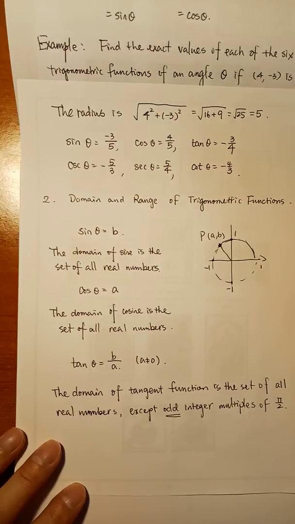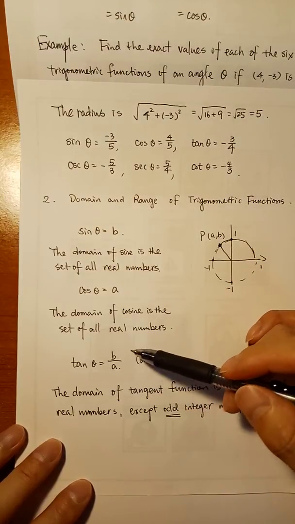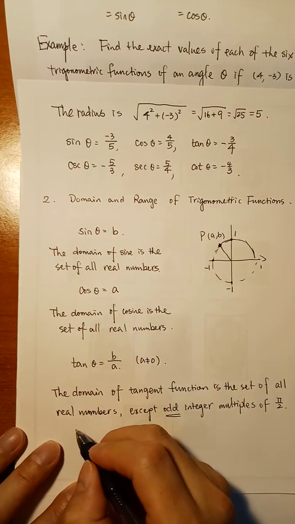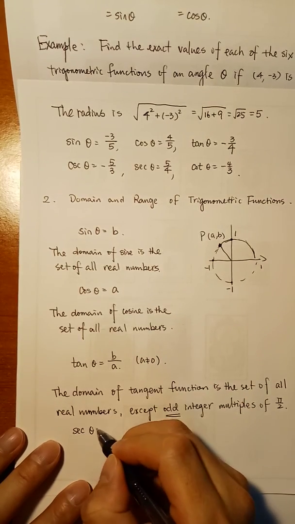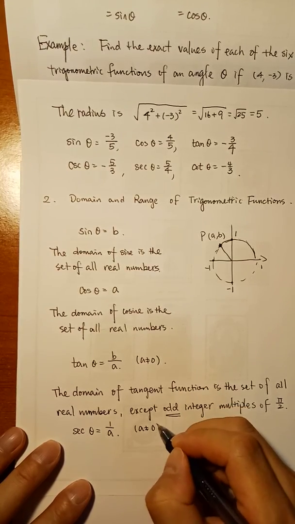And a similar thing happens for the case when a is the denominator. You see that secant theta is 1 over a. Check that. Secant theta is 1 over a, so a cannot be 0.